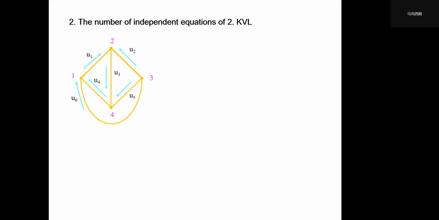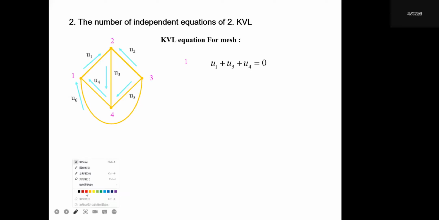And then we talk about the independent equations of KVL, right? Similar to those constraints of KCL equations, we also know that if we list all the KVL equations for the meshes, for example, this morning we listed 3 mesh voltage equations based on KVL constraints.